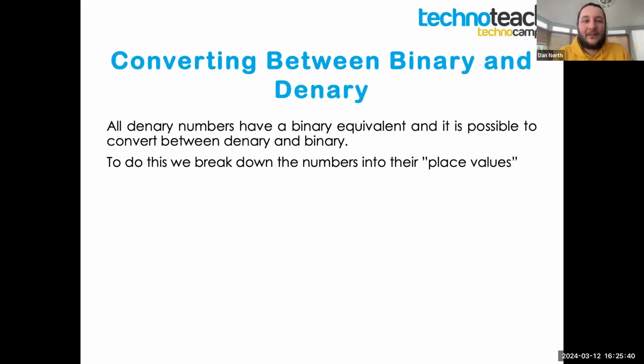So all denary numbers have a binary equivalent, and it's possible to convert between these two bases. And to do this, we need to break down the numbers into their place values. In fact, every number system has a decimal or binary equivalent. Any number system can be translated between using the methods that we're going to go through today.